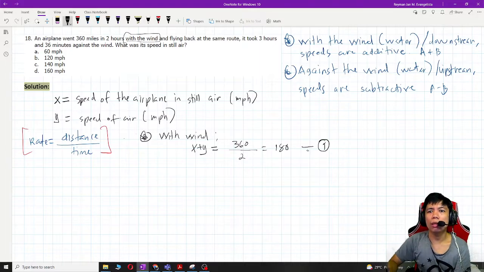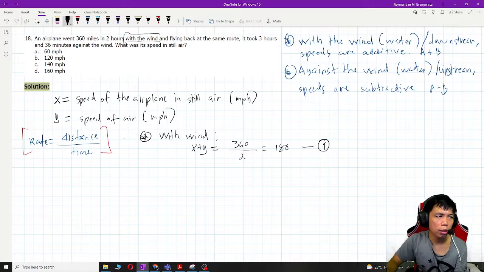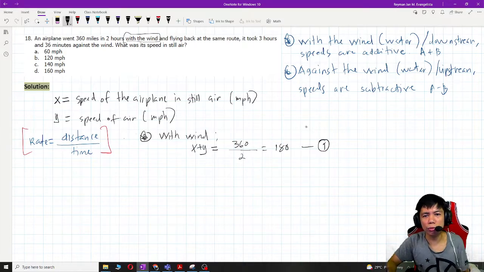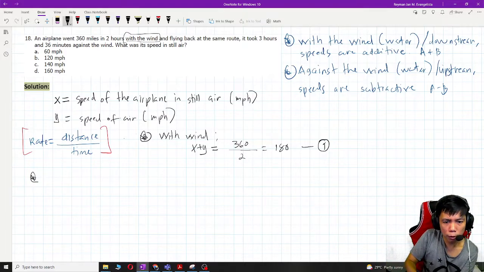Now, flying back at the same route. Obviously yung time mas malaki, kasi merong hindrance na yung air. It took 3 hours and 36 minutes, so against the wind.